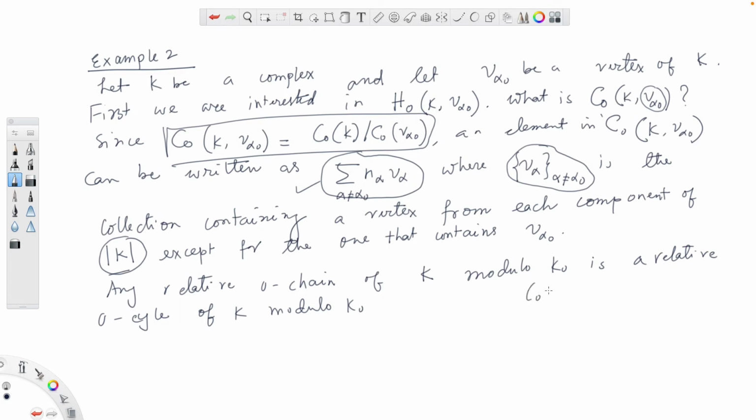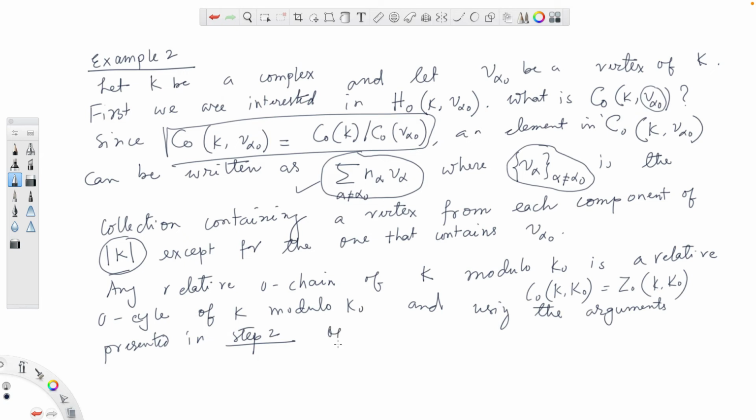In other words, C0 of K comma K0 is Z0 of K comma K0, using the arguments of reduced homology group in theorem 1, and using the arguments presented in step 2 of theorem 1.